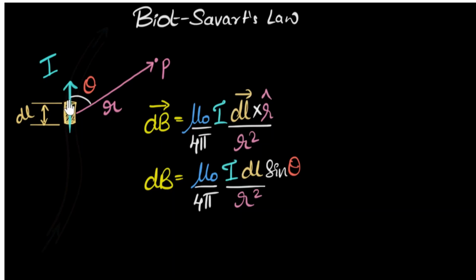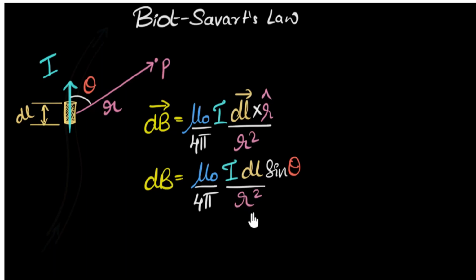And also dB depends upon dl, that is the length of the current element. If we take a longer current element, then we have more moving charges, so the magnetic field will be larger.